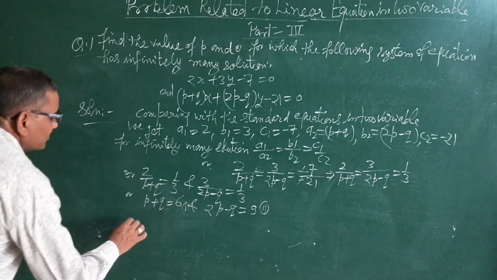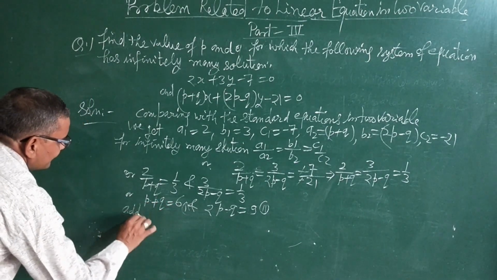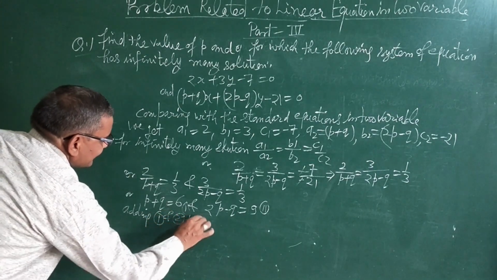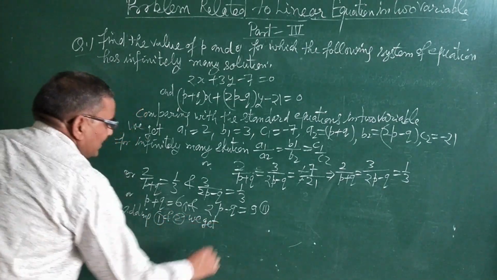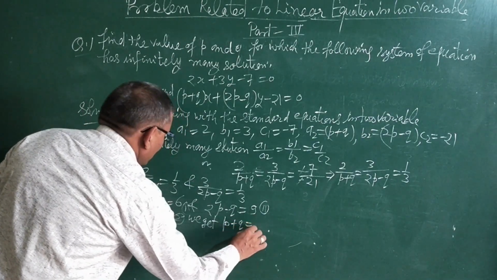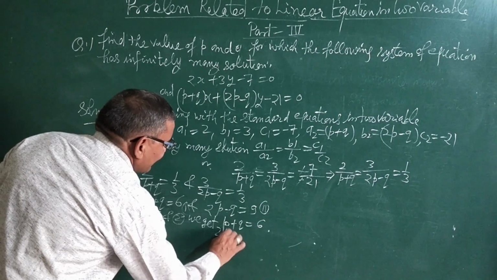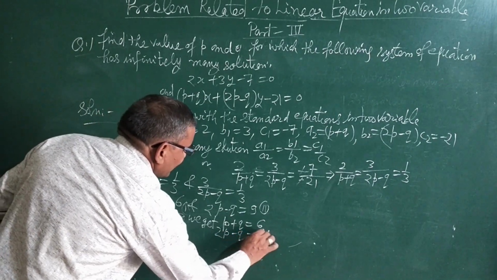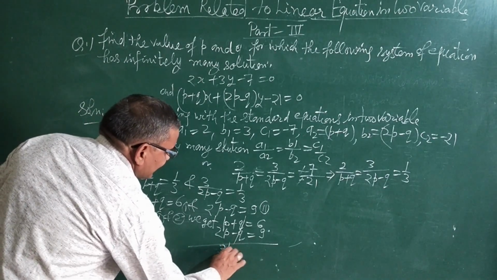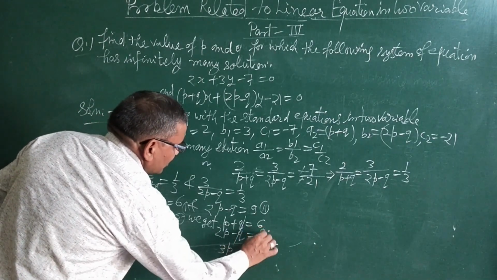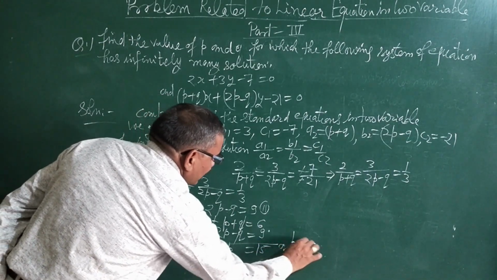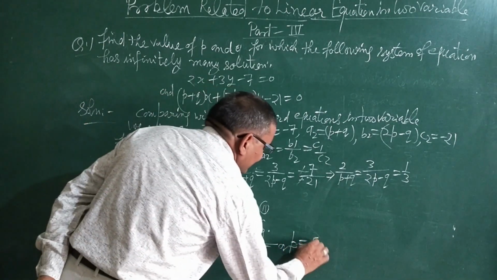Adding 1 and 2, we get P plus Q is equal to 6, 2P minus Q is equal to 9. ऐड करेंगे, ये कट जाएगा, 3P is equal to 9 plus 6, 15 हो गया, और P is equal to 5, 3 5s are 15, P is equal to 5.